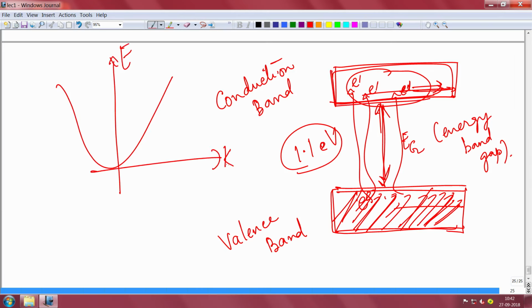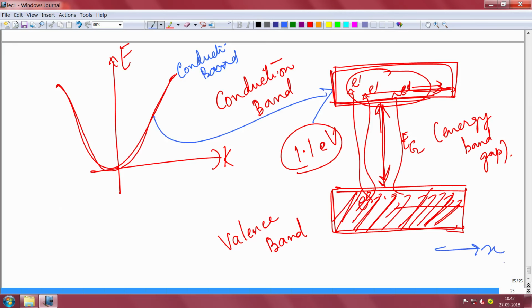The EK diagram, and I am not a very good drawing person, but this particular energy band that I had drawn is actually the conduction band. This is real space, where the x axis is distance in centimeter.